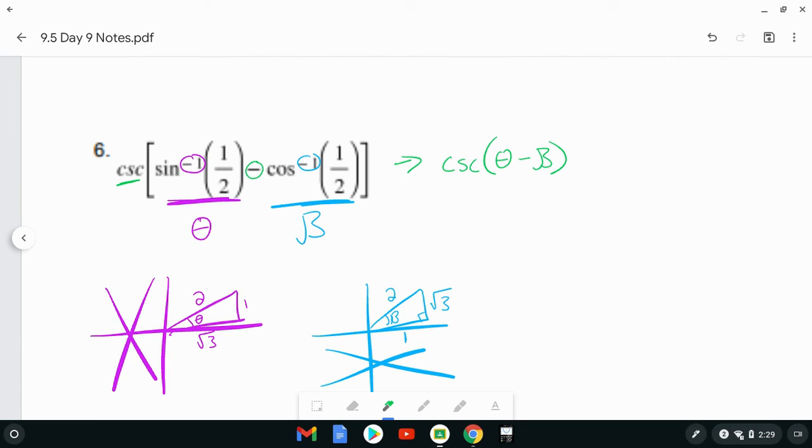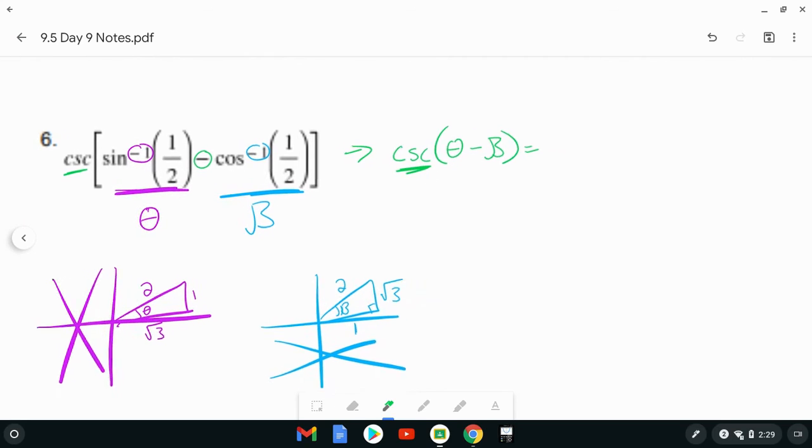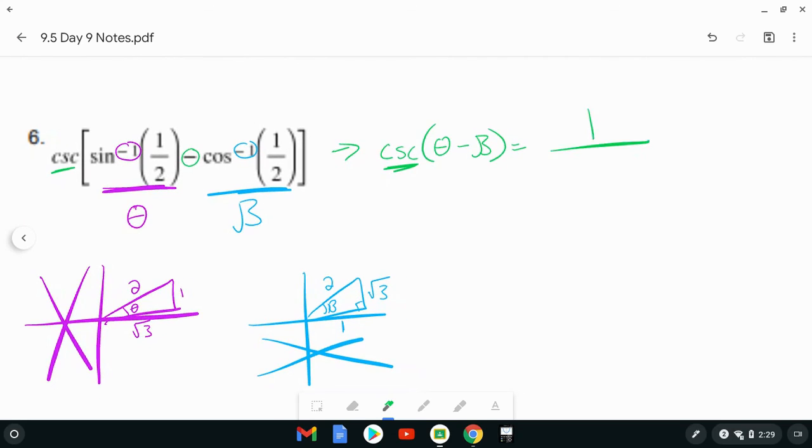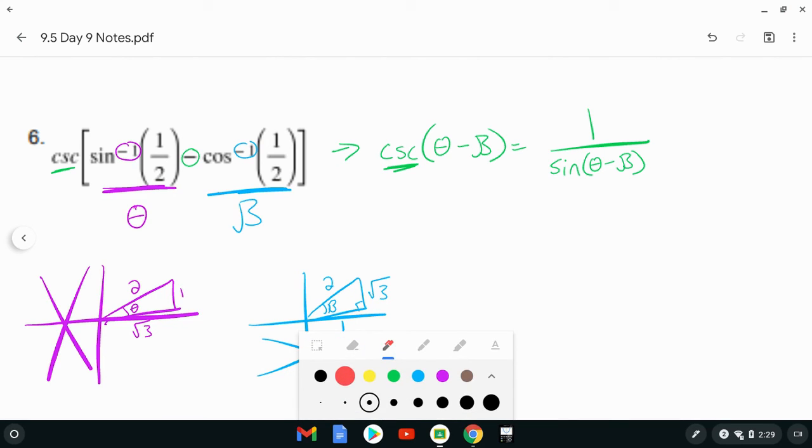Now, just because we're doing something a little bit different and I gave you some new identities and some new properties, doesn't mean you shouldn't have that formula sheet and those double and half and sum and difference angle identities right by your side. Because if you notice, remember cosecant is the reciprocal of sine, so we can rewrite this as 1 over sine of theta minus beta.